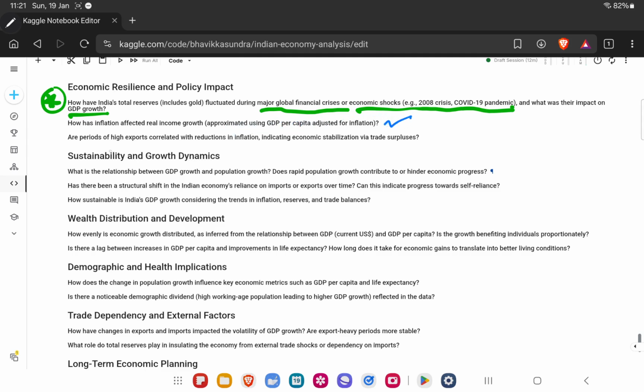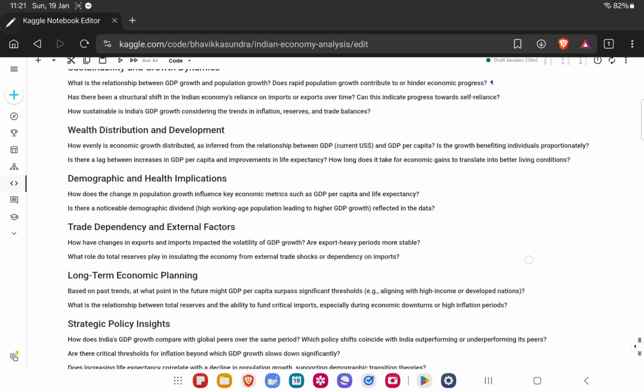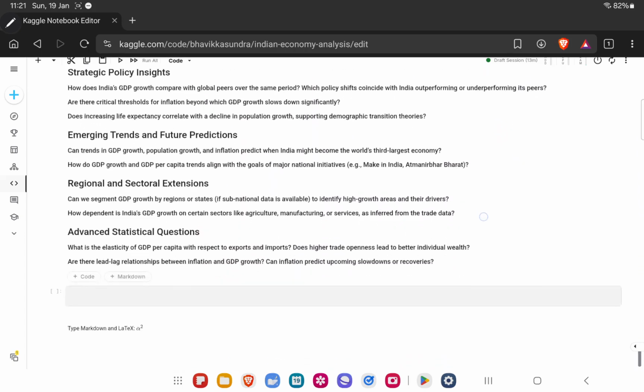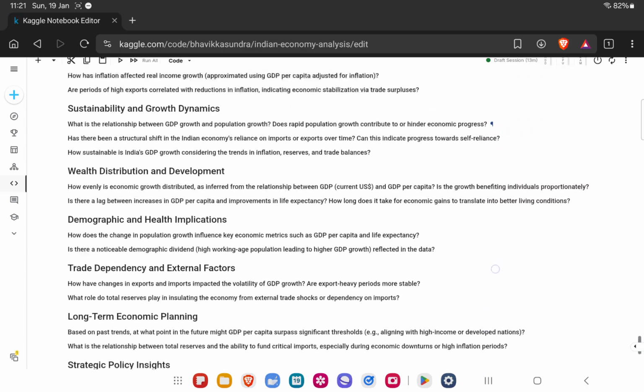Are periods of high exports correlated with a reduction in inflation, indicating economic stabilization? They are really good questions. We will answer them in the next phase. You can go through my Kaggle and find this code. I've included all these questions there.